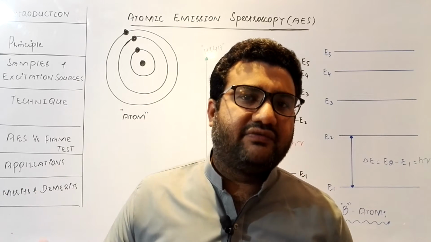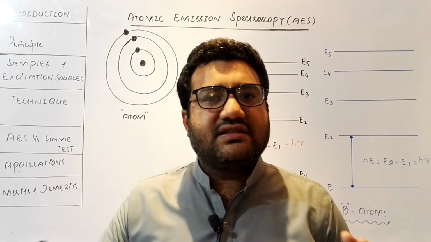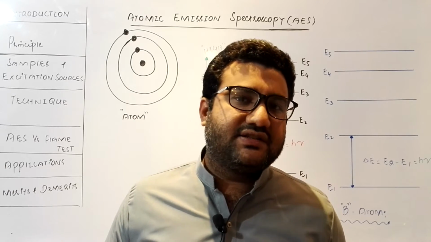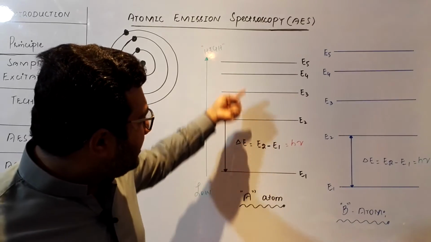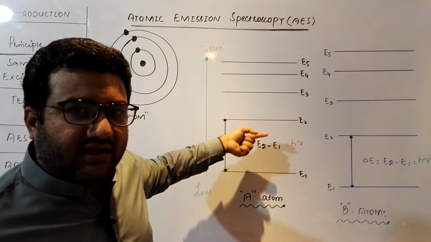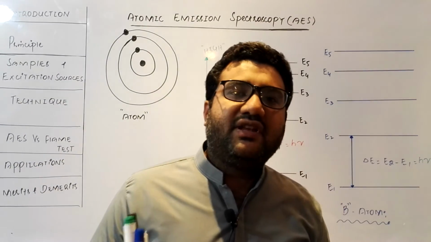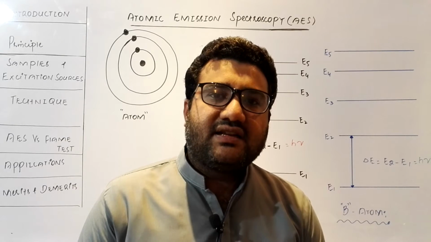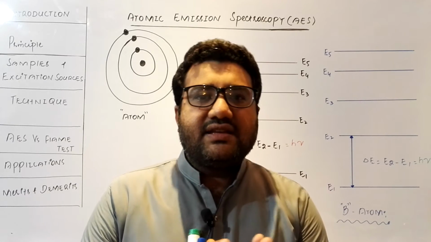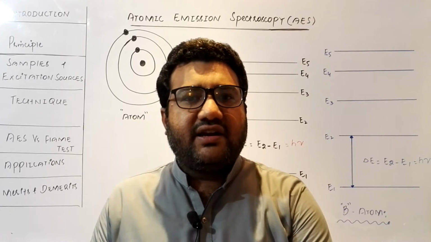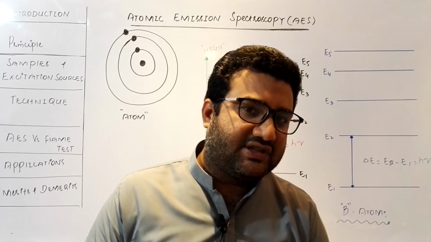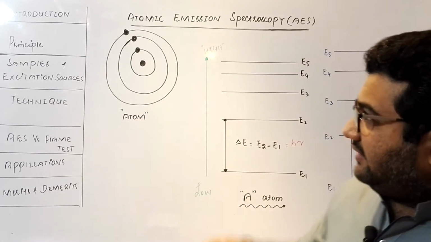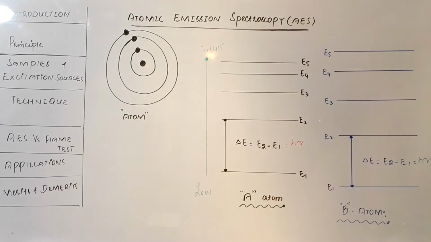Every atom has its own unique pattern of the energies of its shells. And because the energies of the individual energy levels are different, the gaps between the energy levels are also different. In different elements, different atoms, there will be different energy gaps between the shells and energy levels. That is the introduction of atomic emission spectroscopy.